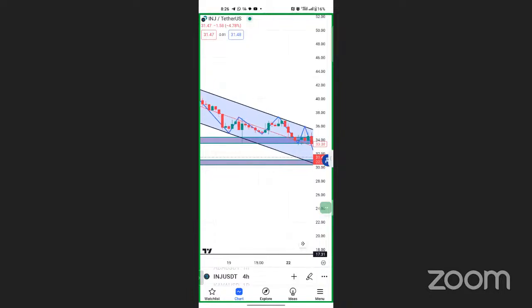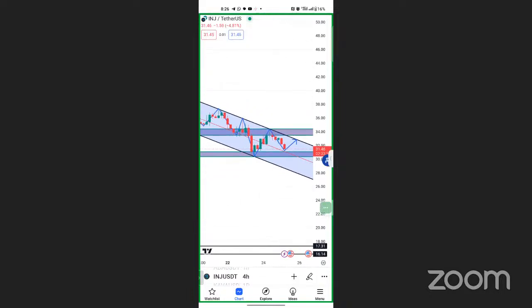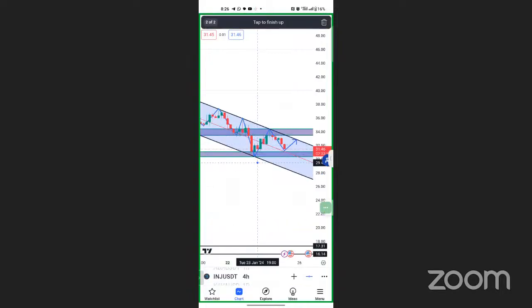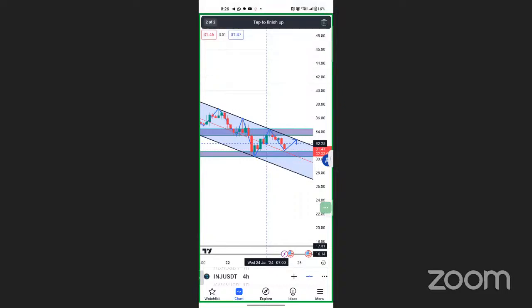So when you are using the parallel channel to get a perfect picture, whenever candles touch this line, whenever there is a touch on this line and a touch on this line, you draw the horizontal line.